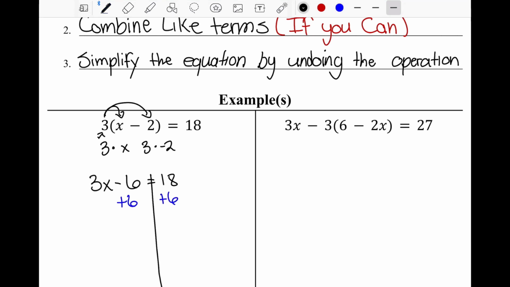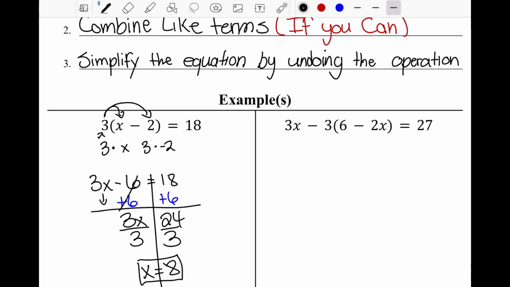When I put my plus 6 on both sides, the negative 6 and positive 6 go away because it's 0. I can bring down 3x, and then we have 18 plus 6, which is 24. Then I'm going to divide by 3, because to undo 3x, which means multiply, you have to divide. That leaves me with x equals 8.